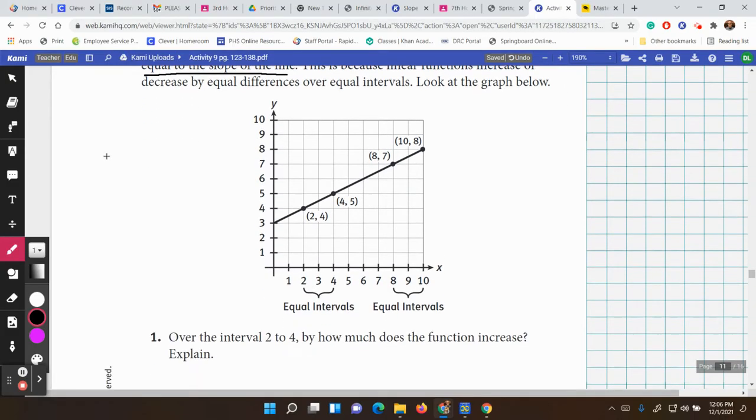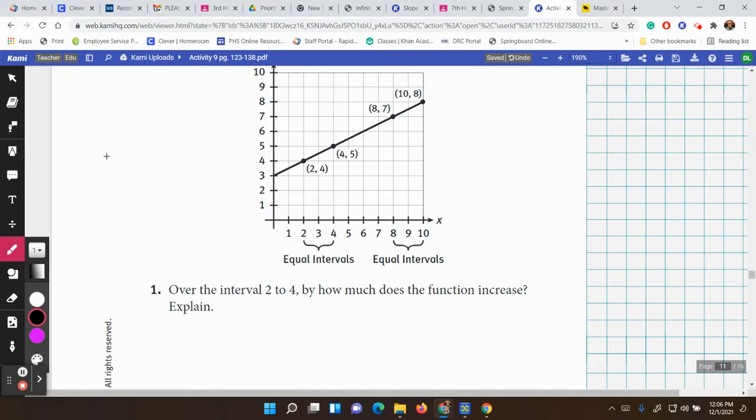Look at the graph below. Over the interval 2 to 4, how much does the function increase? Explain. From 2 to 4, well, it goes up 1. So from here to here, it goes up 1.